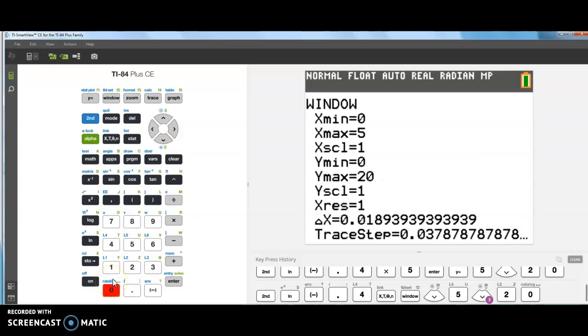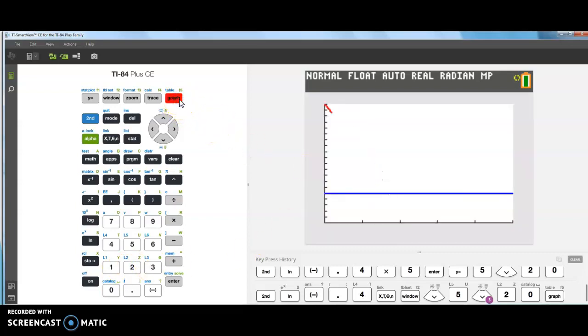Had I not done steps A and B of this problem, I could have looked in my table to get a sense of the values. Now that I've set up my window, I'm ready to graph, so I will hit graph. And I see these two intersecting lines. So this first line is where y equals 5, right here. And the second line is that formula, the 20 times e to the negative 0.4x.